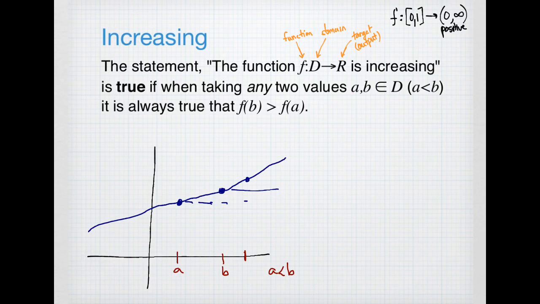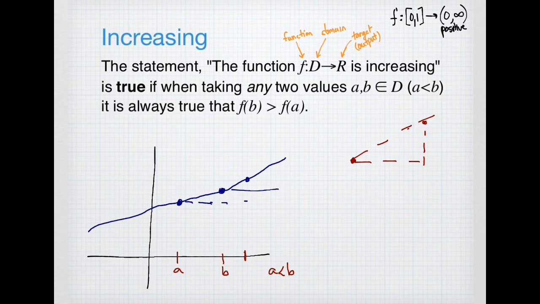A consequence of this definition can be related to the idea of slope. So for example, if I have 2 points, if I'm increasing, the point on the right has to be above. If I were to think about the line joining any 2 points in an increasing function, so here I have a line joining these 2 points, and I calculate my slope, so I calculate the rise and the run.